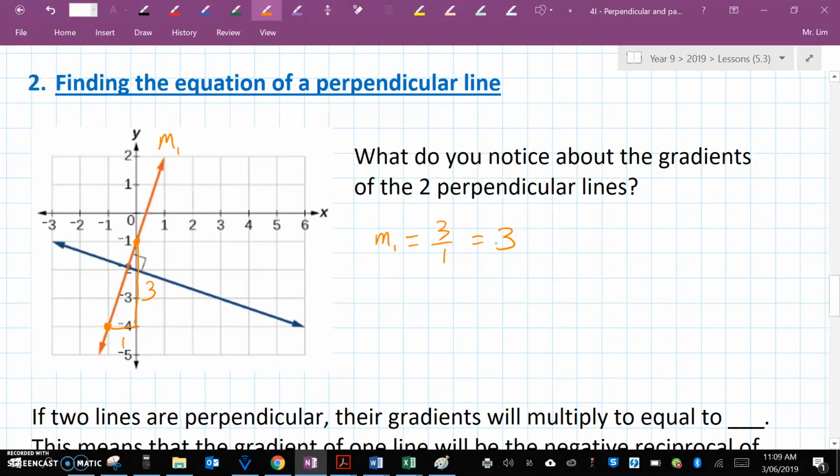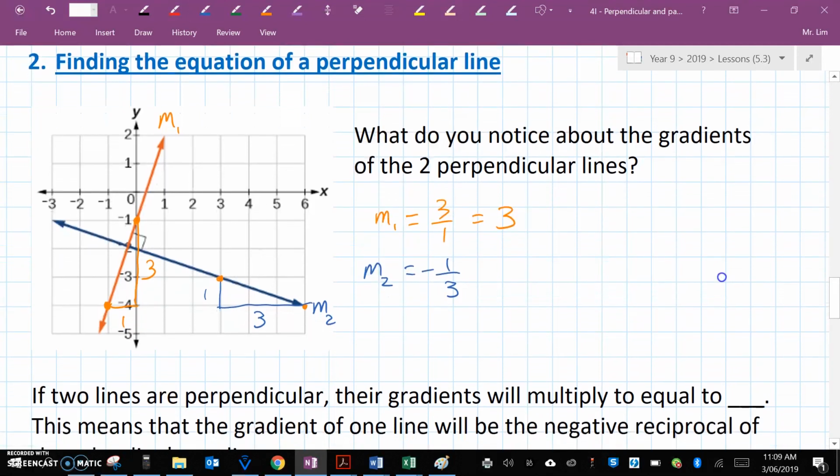I'm going to pick 2 points on the blue line. I'll pick this one and this one. Rise is 1, run is 3. So M2 is equal to rise over run, except because it's sloping down, the gradient is negative.